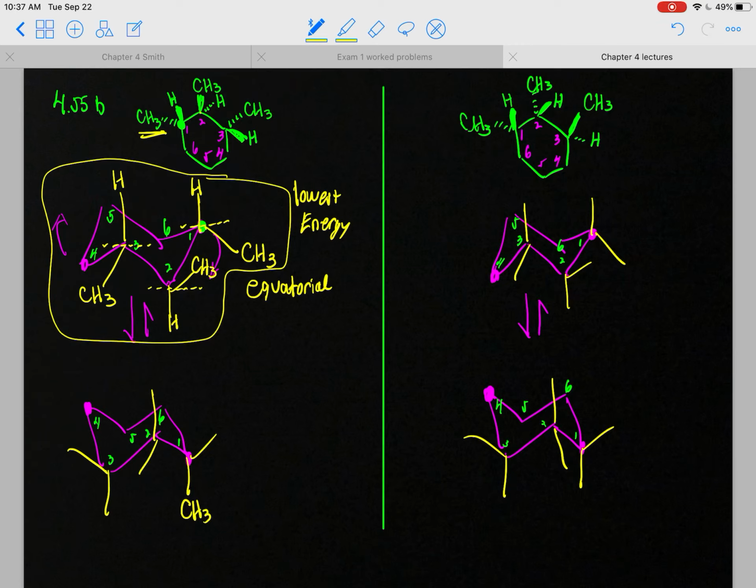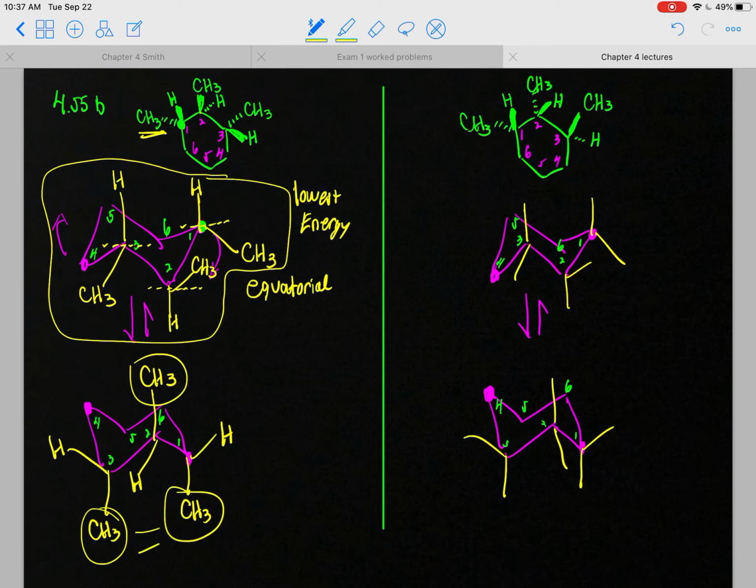When you flip, what happens to the equatorial groups is they all end up axial. And so let's identify sources of strain. We've got 3 axial methyl groups. These 2 are on the same side of the ring. So there's a lot of strain in this molecule. Let's continue this problem, even though I think that's the answer.